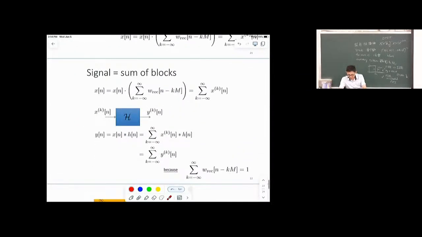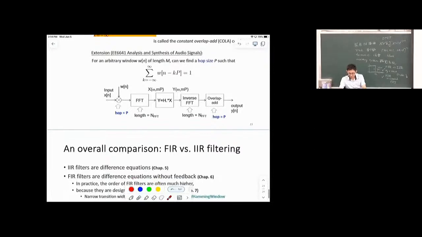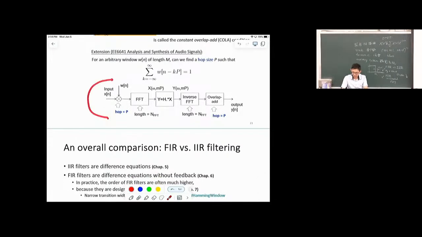All right. I'd like to remind you of this final plot. Just to summarize, we begin with input, and we use a rectangular window to take the signal one block after another. With each block, we go to the frequency domain and perform filtering by frequency-wise multiplication.